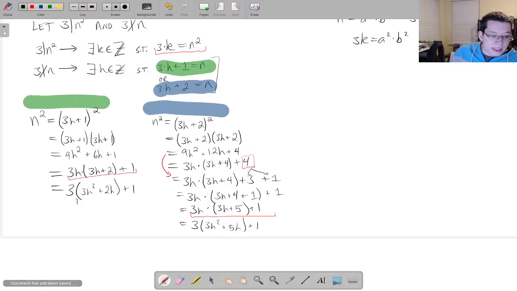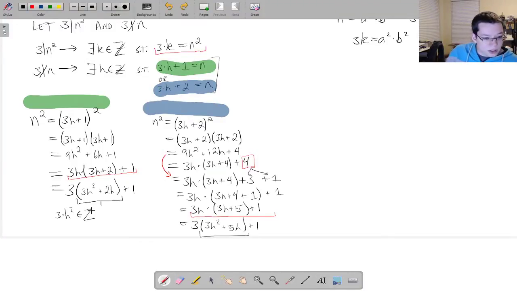And now we have to say this is an integer. So 3 times h squared is in Z because multiplication is closed in the integers, which means an integer times an integer is an integer.